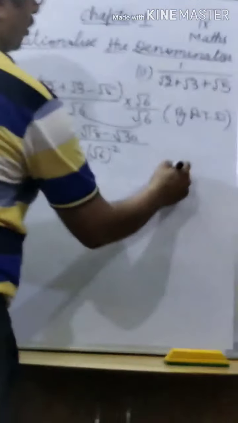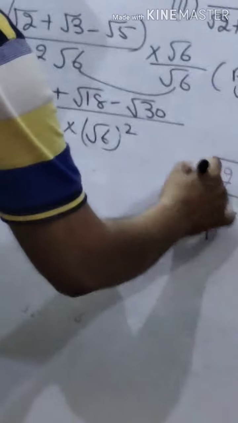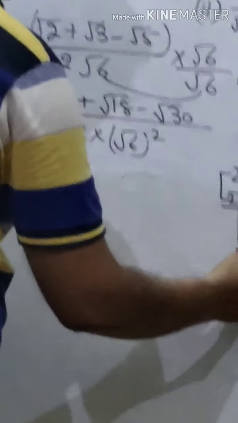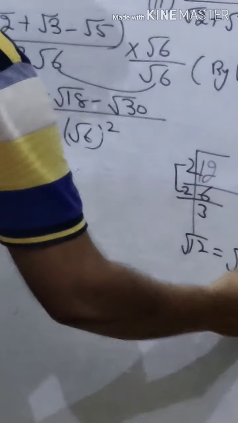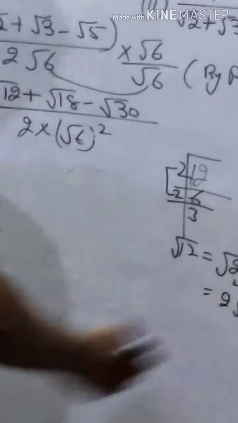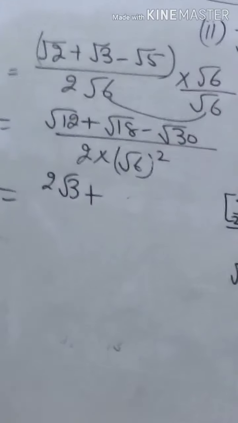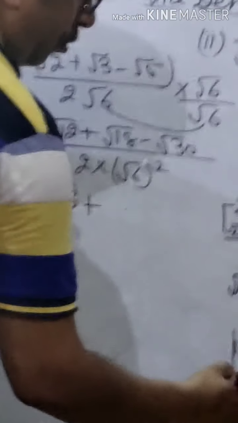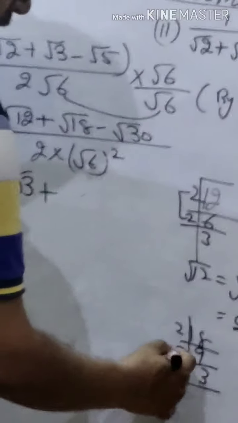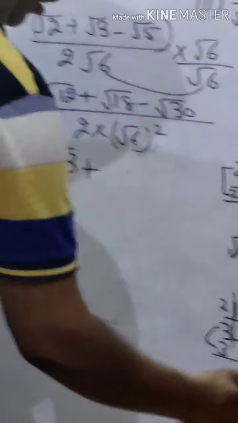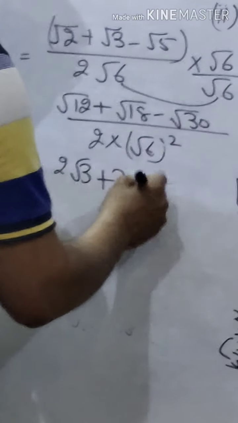So now factors of 12: 2, 6 are 2, 3 are. Now a pair of 2, you know the square root, so it is a pair and then it is 2 root 3. So root 12 you can write 2 root 3. Root 18: factors 2, 9, 3, 3. So this is 3 outside, then 3 root 2.